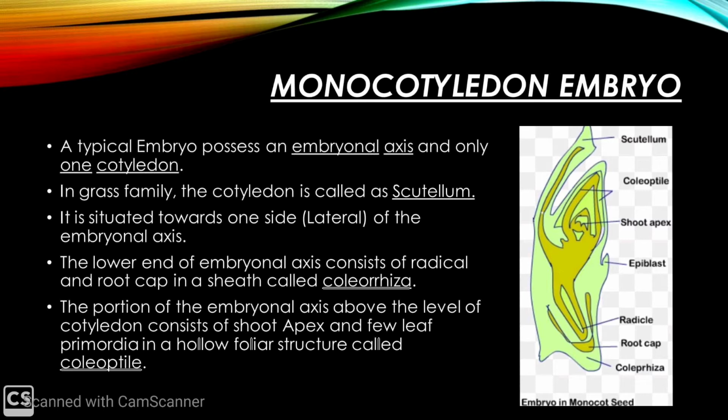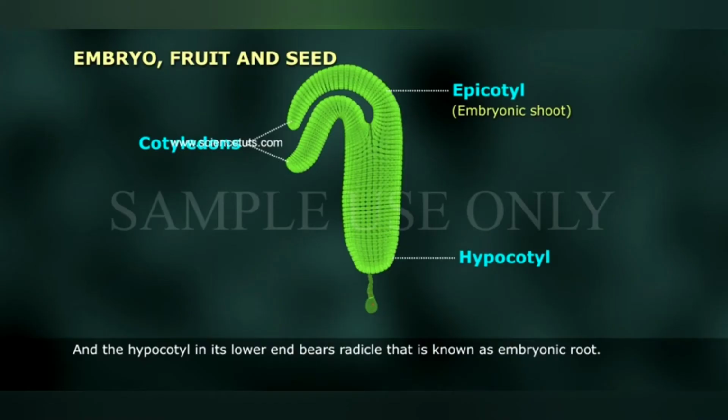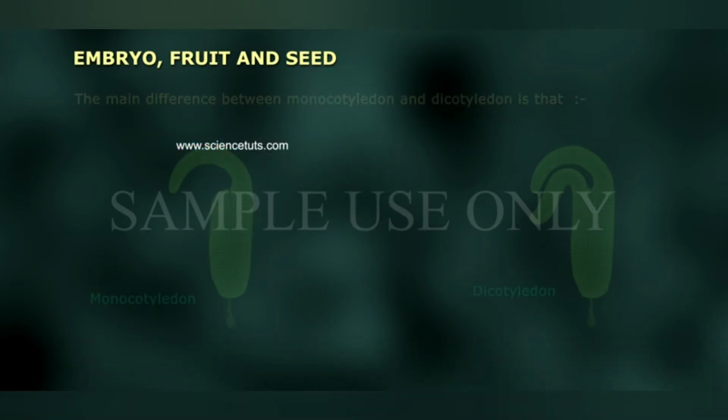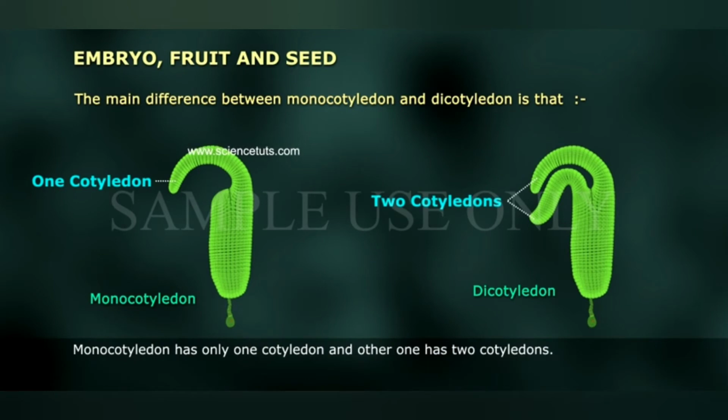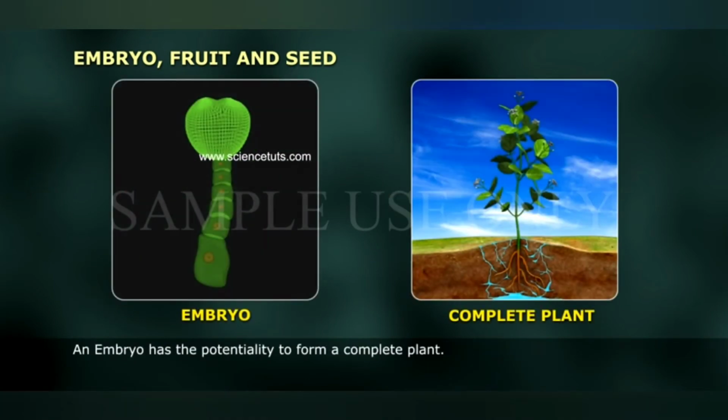The portion above the axis is covered with a hollow foliar structure known as coleoptile. Coleoptile encloses the shoot apex and a few leaf primordia. The major difference between the embryo of monocot and dicot seed is the presence of one cotyledon in monocot and two in dicot.